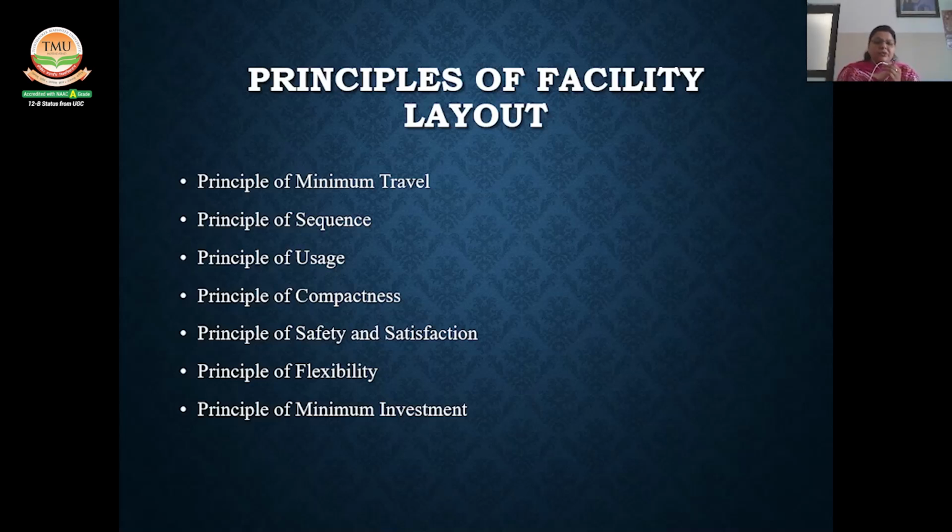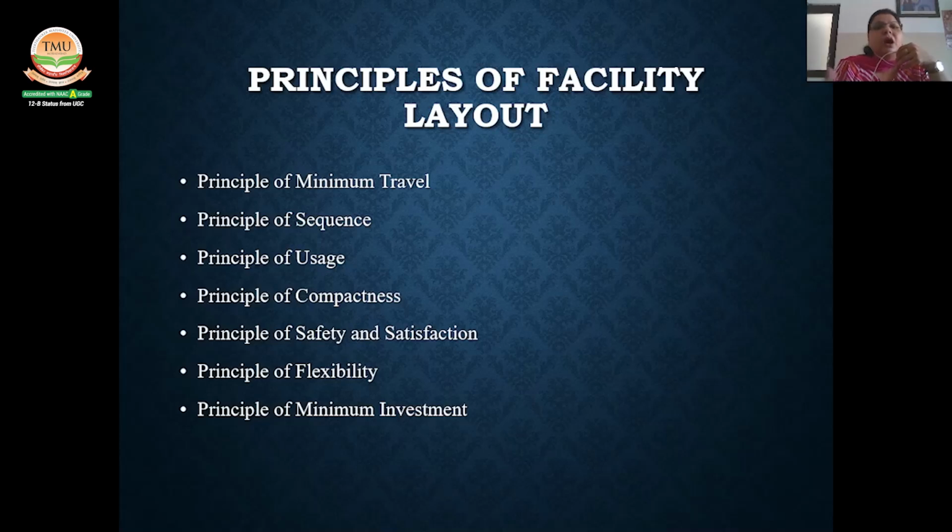Next is the principle of safety and satisfaction. Safety and satisfaction are also a very important concern of every facility layout. If your machineries are damaged, they can harm the worker. If your raw material is not good, or you do not check your raw material, it can create problems when it goes for production.